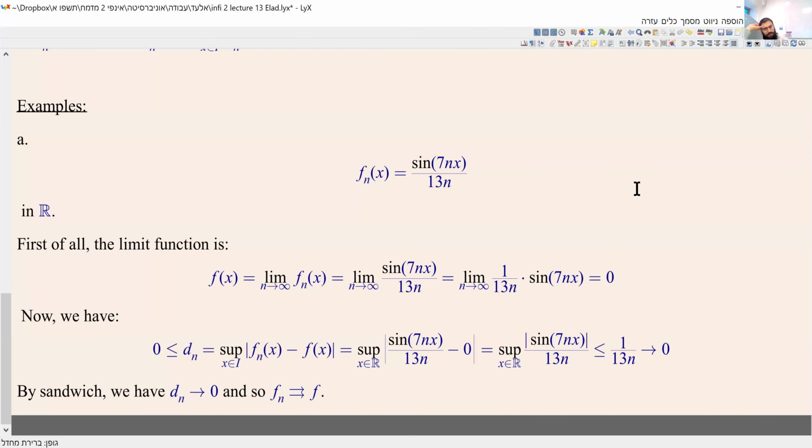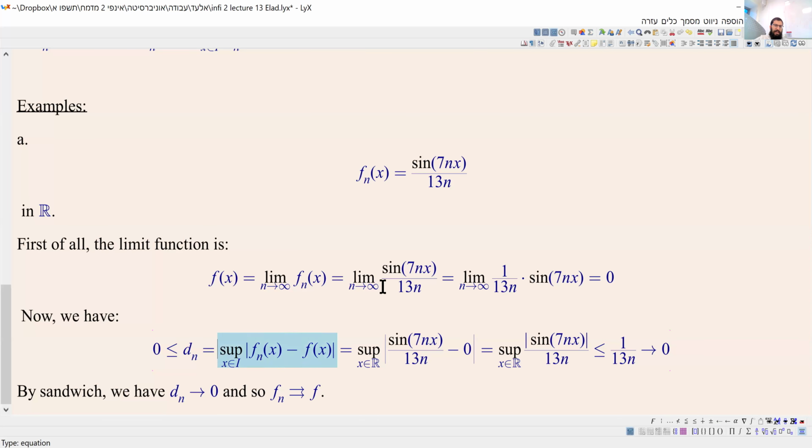What else? I have something else to say. Observe that here, when calculating the supremum, the variable is x, and we consider n to be a constant. After we find the supremum, we have some expression dependent on n, and then we say, okay, let's take n to infinity. Does dn go to 0?